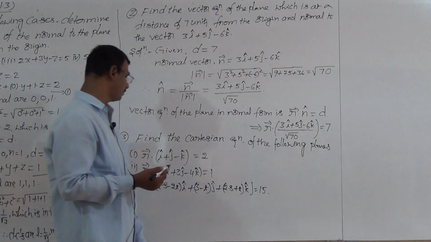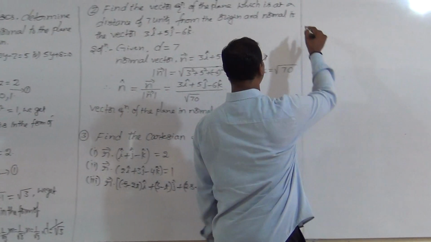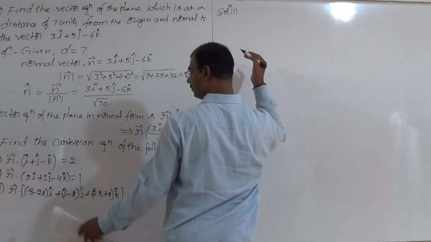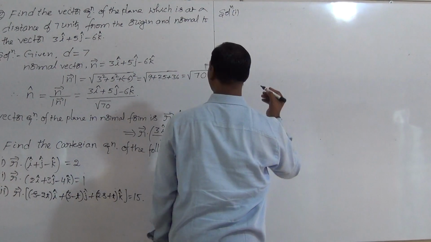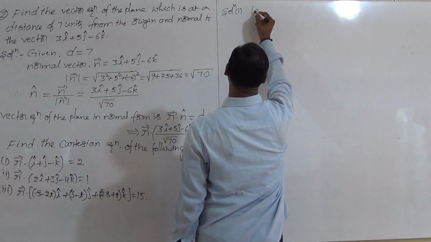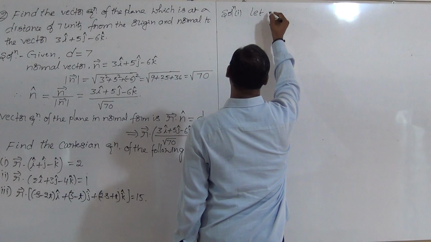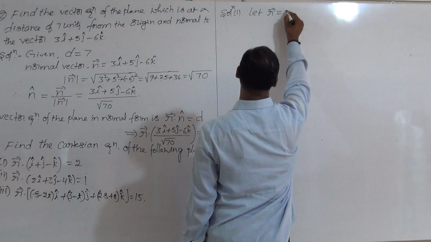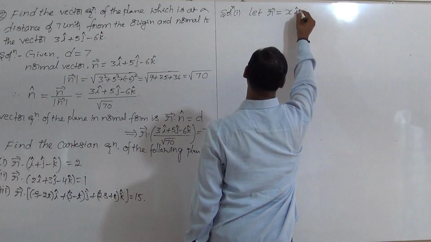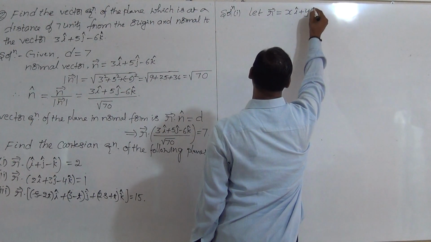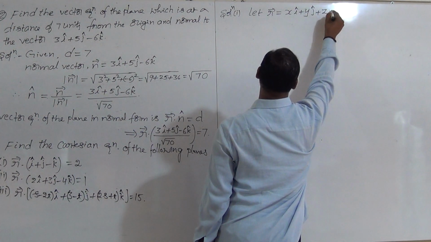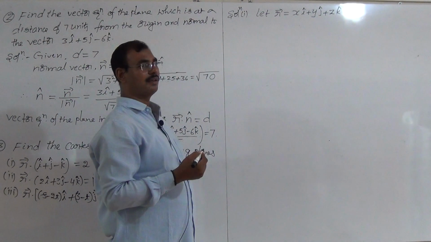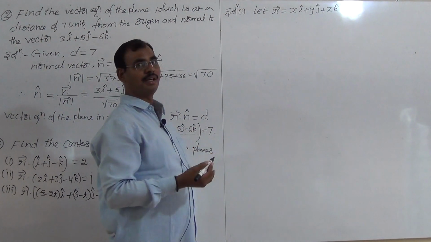To solve the first question, first bit, let r bar be the general vector x into i cap plus y into j cap plus z into k cap. This means any general point on the plane.